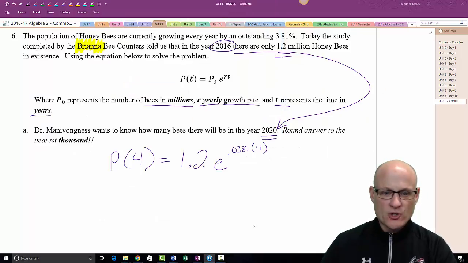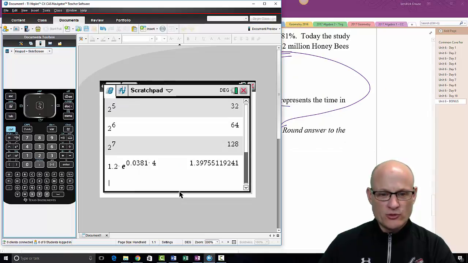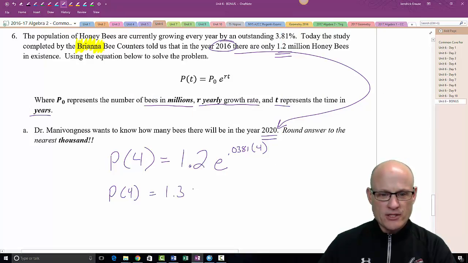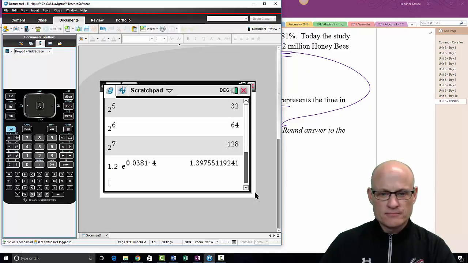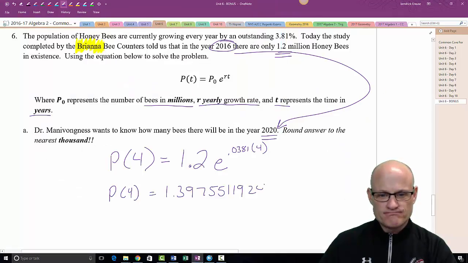Enter. So P of 4 is equal to 1.39755 119,241 bees.